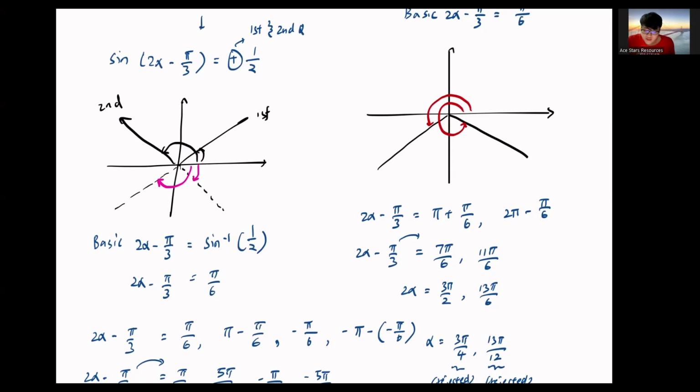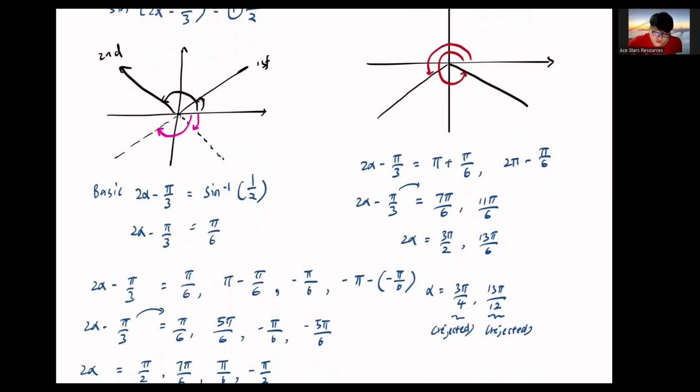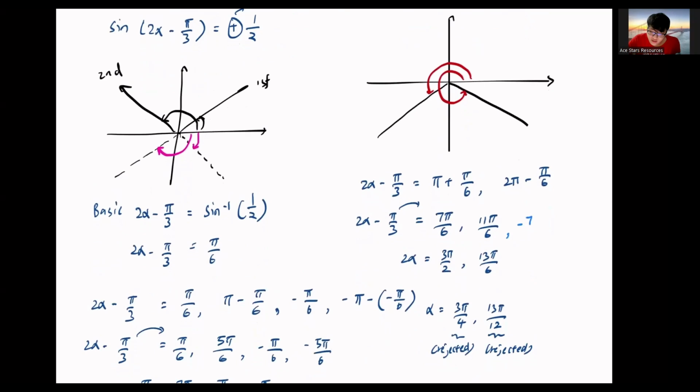So technically it's the same, but this time we only have the basic that is negative. So I'm gonna put it here, just show it using a brighter color this time. So that is gonna be negative 7 pi over 6, and also negative 11 pi over 6.